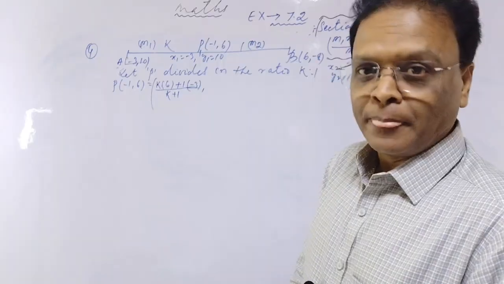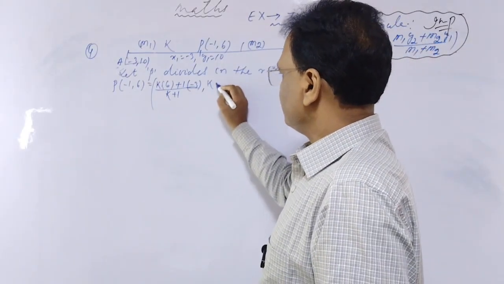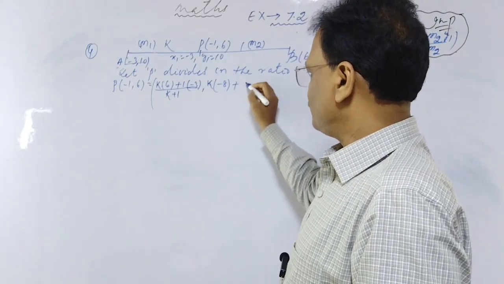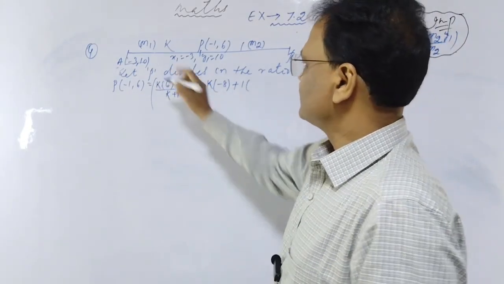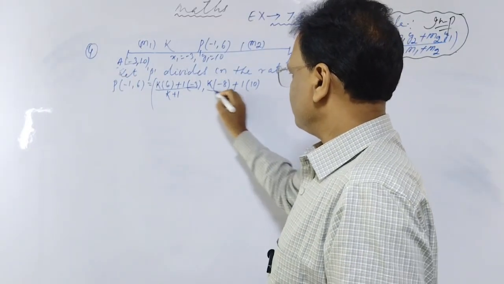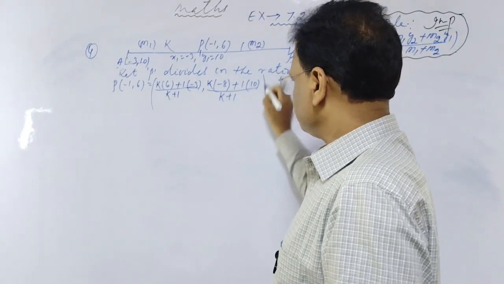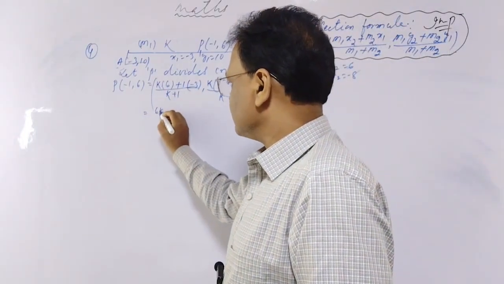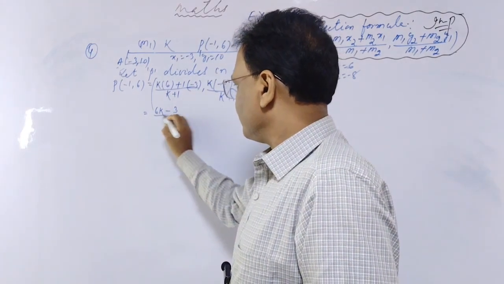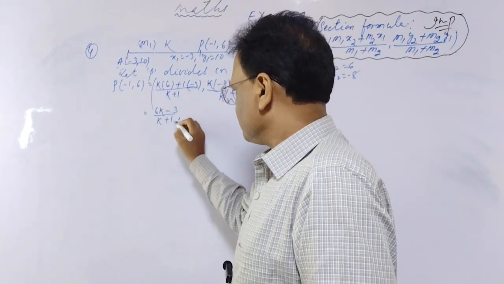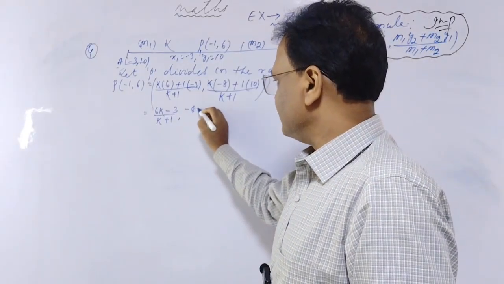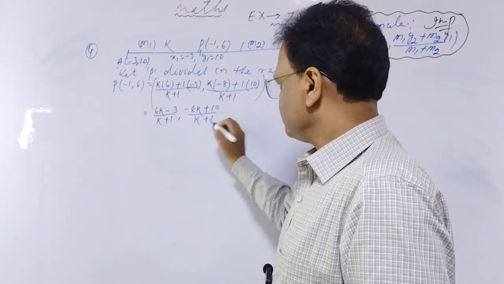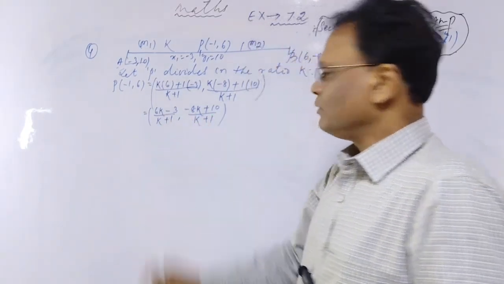Now the y coordinate: m1 y2, m1 is K, y2 is minus 8, plus m2 into y1, y1 is 10, divided by m1 plus m2. Let's simplify. I am getting 6k minus 3 divided by k plus 1, and minus 8k plus 10 divided by k plus 1. So this is my x coordinate, this is my y coordinate.